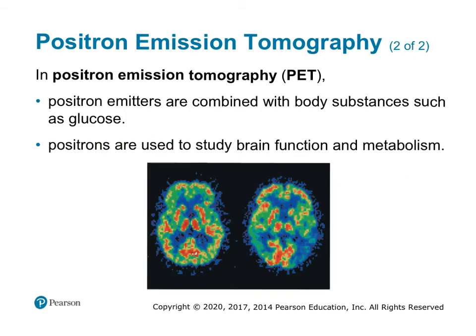Here is a PET scan of the brain showing brain function and also metabolism. PET scans are used in cancer treatment just to look for sources of cancer throughout the body.